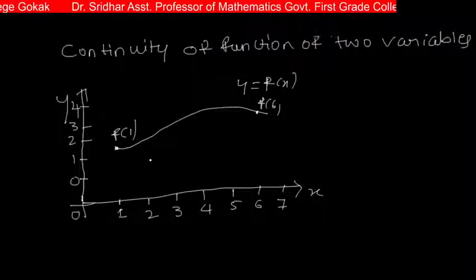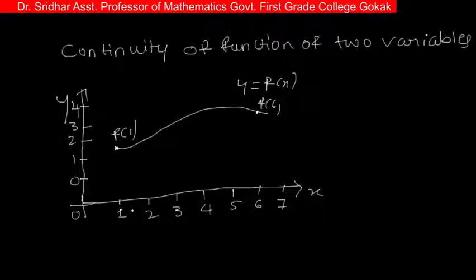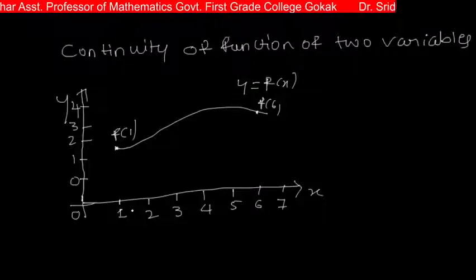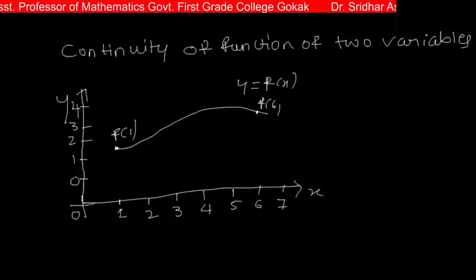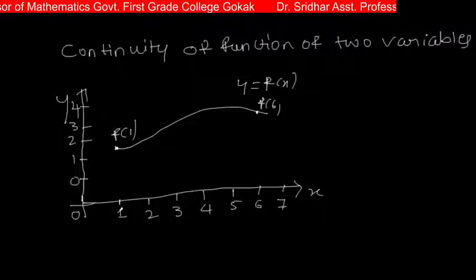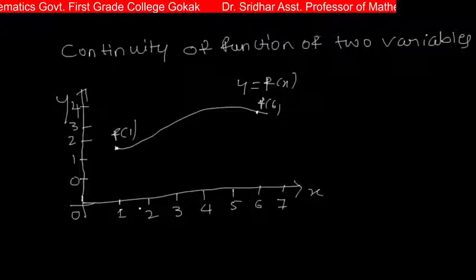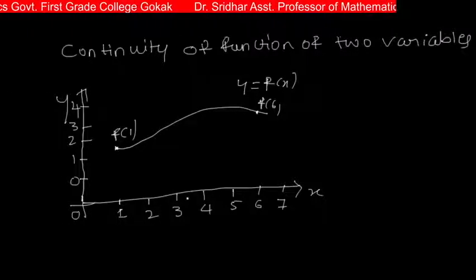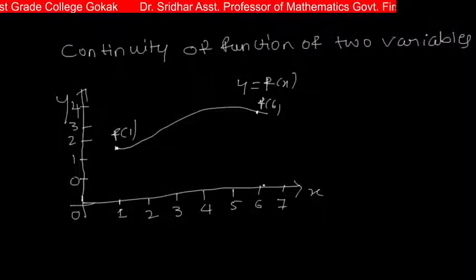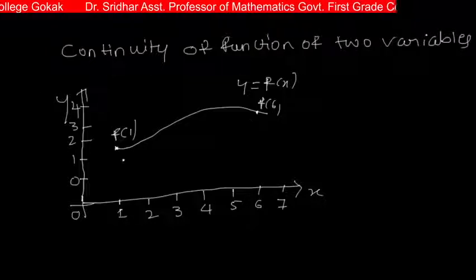You take any value between 1 to 6, however small it may be, either a real number, for example 1.001, 1.002, 1.003, like that, if you take any value between 1 to 6, we have a corresponding point on this curve.